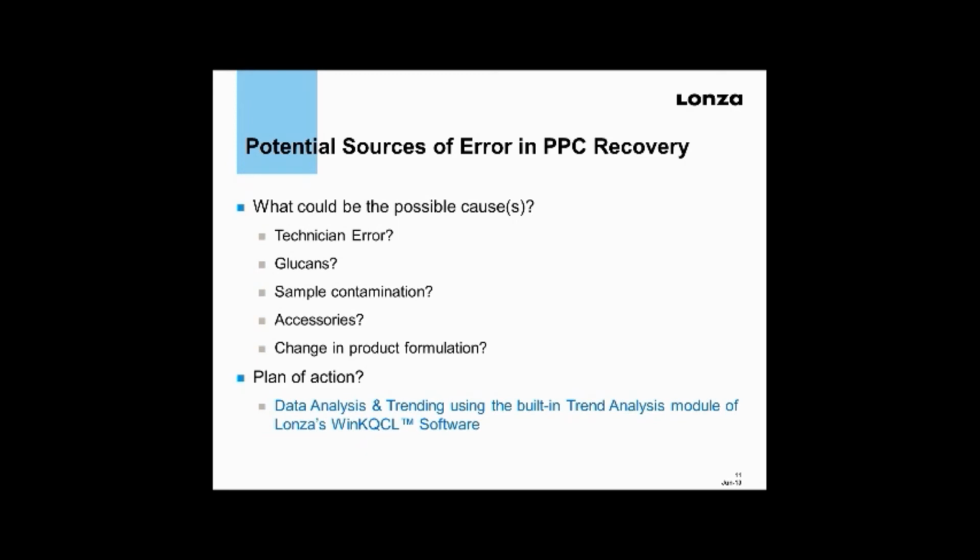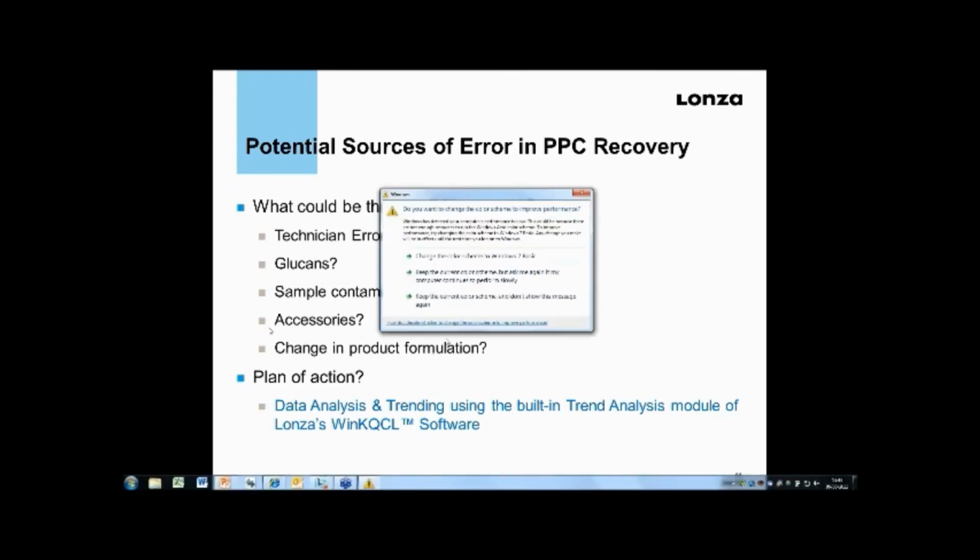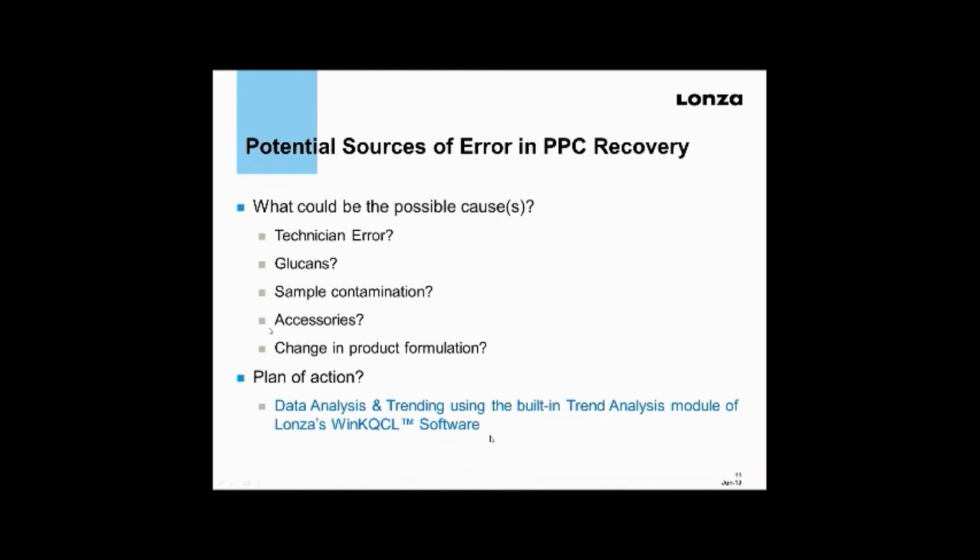One of the problems that we have with data generated from kinetic assays is that there is an awful lot of data per plate. A single multi-well plate, if it's run full, can generate up to 250 separate data points.